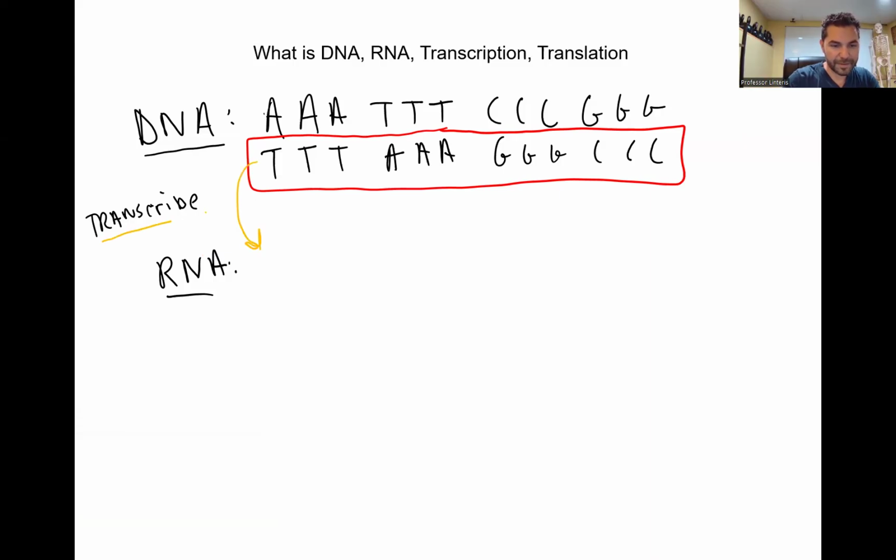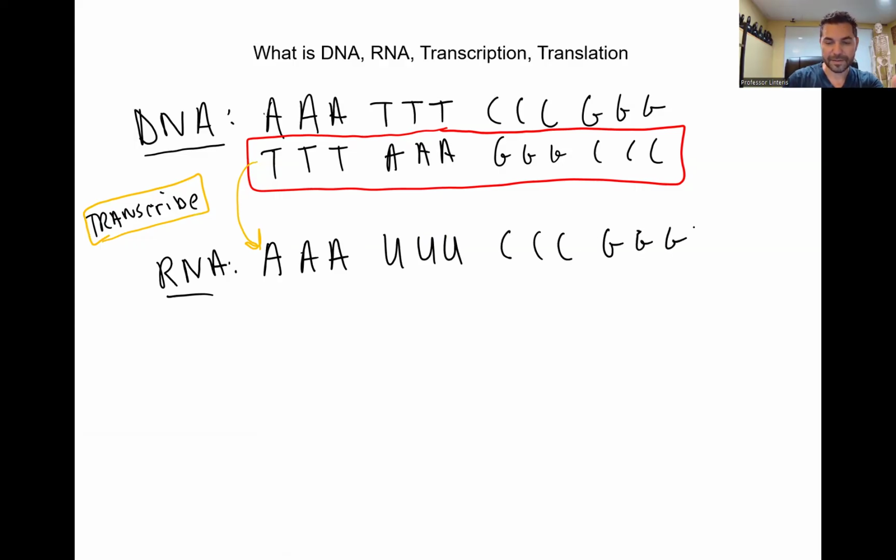That is the process of transcription. So our T will be an A. The A will be a U, and respectively, the C's and G's will be complementary. This is our strand of RNA.